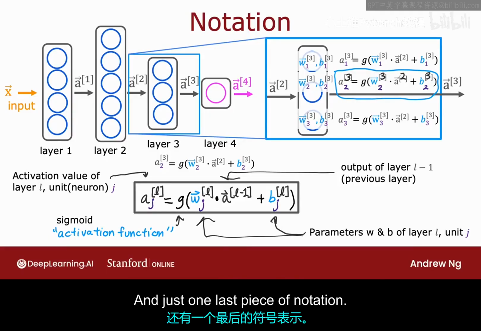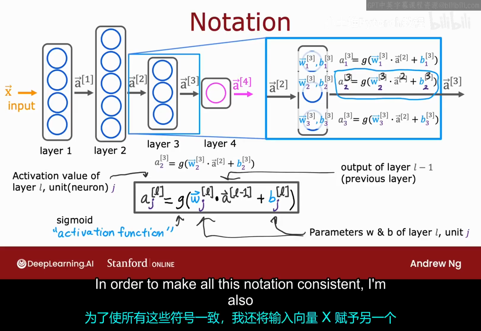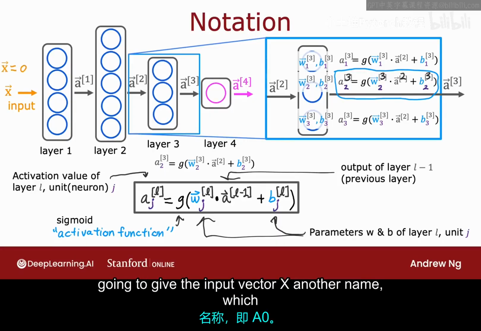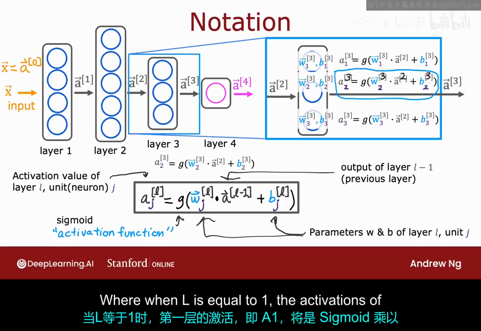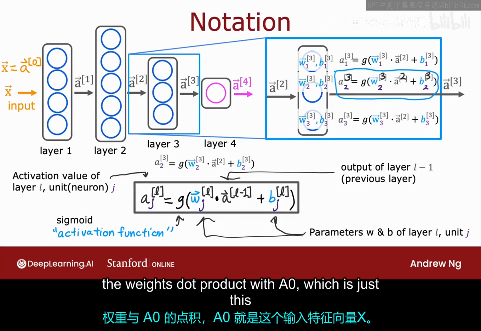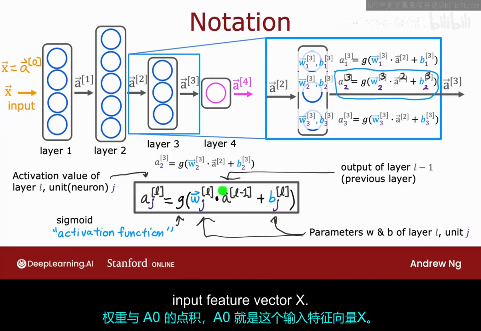And just one last piece of notation. In order to make all this notation consistent, I'm also going to give the input vector x another name, which is a[0]. So this way, this same equation also works for the first layer, where when l is equal to 1, the activations of the first layer, that is a[1], will be sigmoid times the weights dot product with a[0], which is just this input feature vector x.